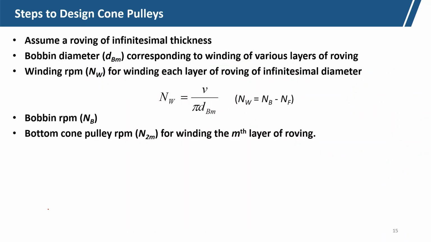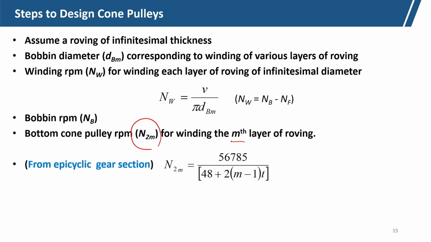Bottom cone pulley RPM is N2m for winding on the mth layer. In the earlier session we derived the relationship between the bottom cone pulley RPM and the bobbin RPM from the epicyclic gear section.